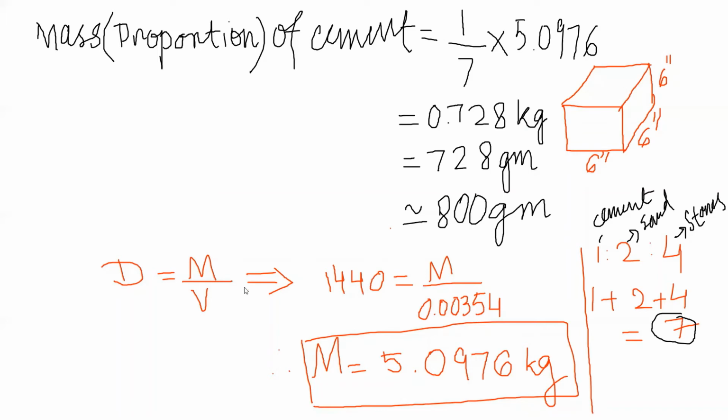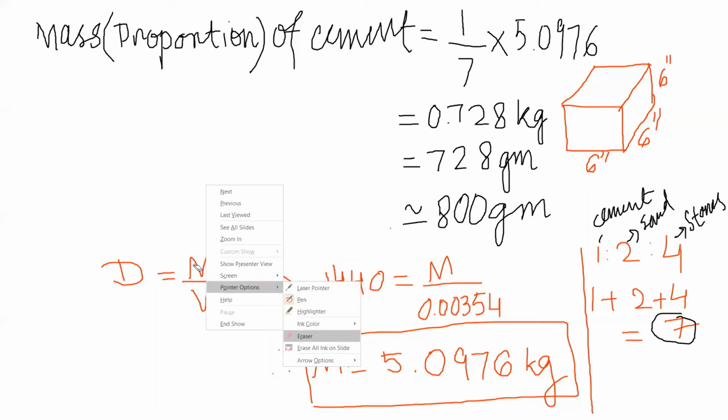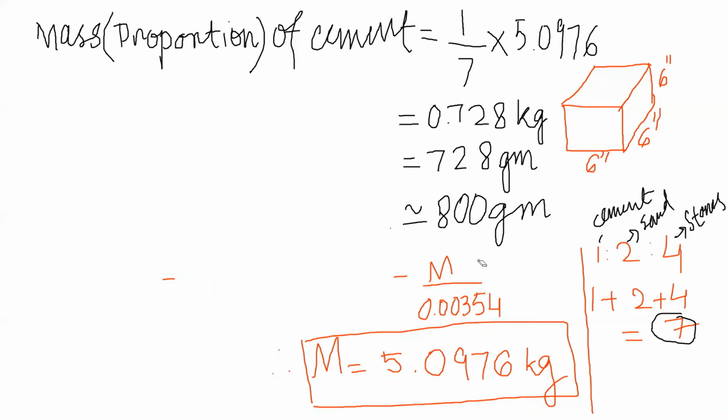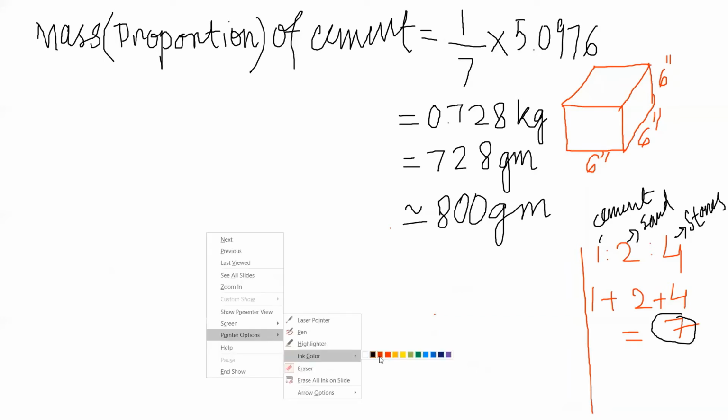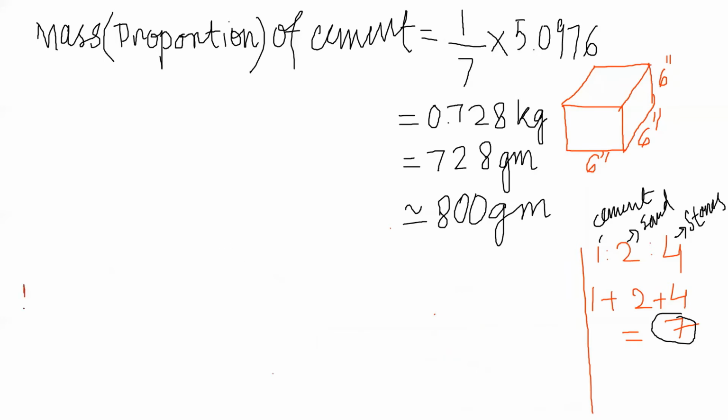So let me rub. Now I have to find out the mass or weight of sand that we have to use for making the mold, or making the cube of concrete.